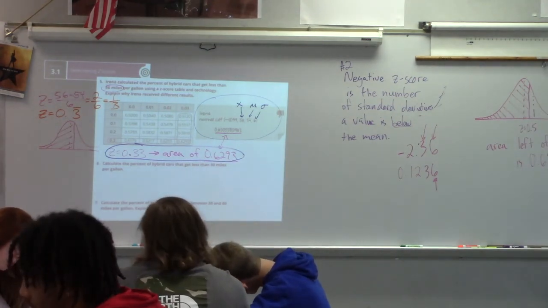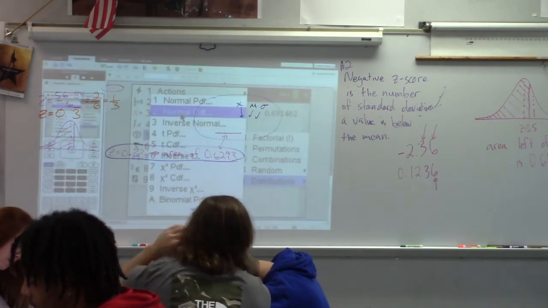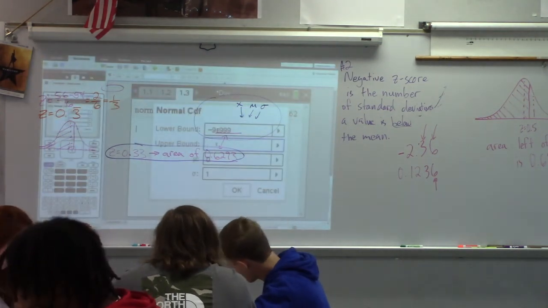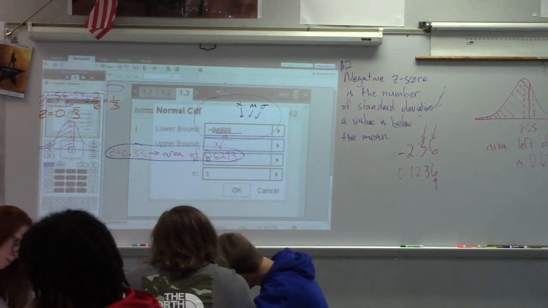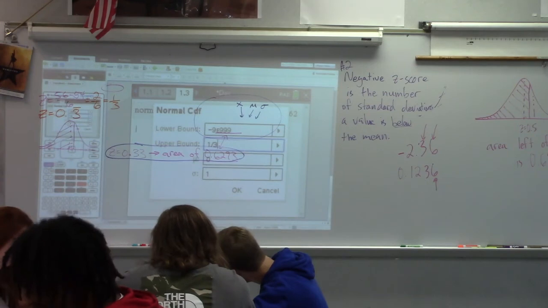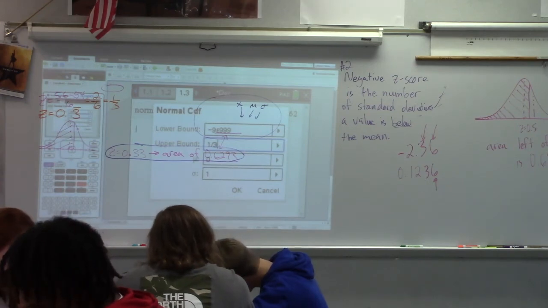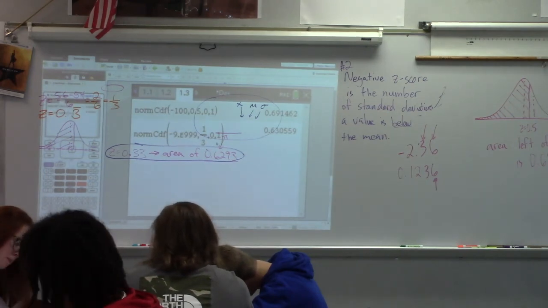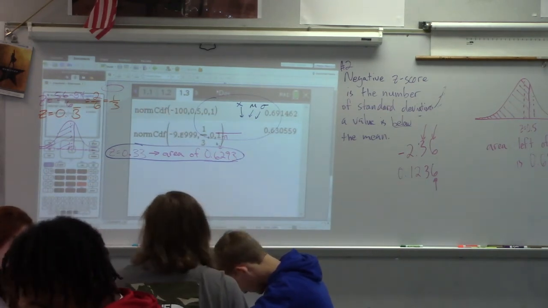Alright, if I go to the calculator again, normal CDF, -9E999, upper bound. If I use the standard normal distribution, that's a 1/3, right? That z-score. Notice how I can put 1/3 in there? Is that what we saw when we put it into the calculator? True.